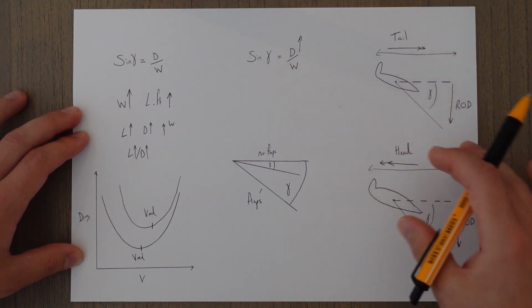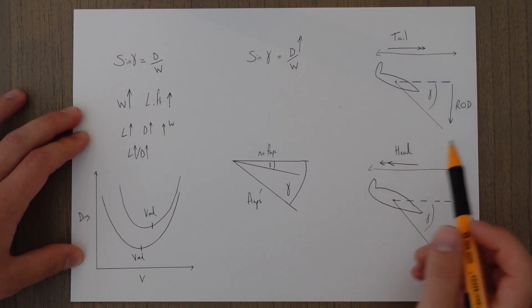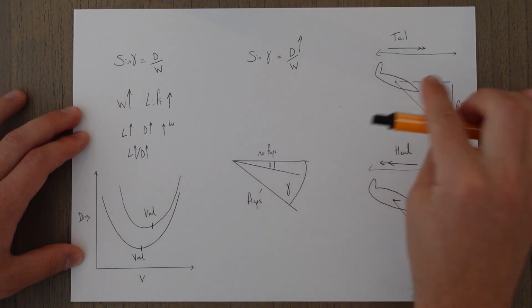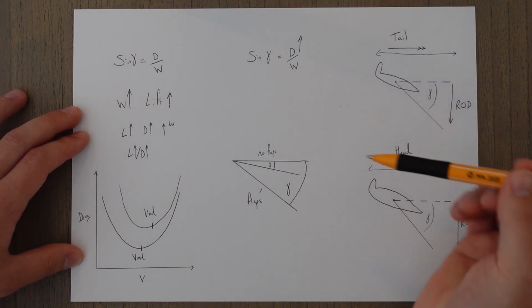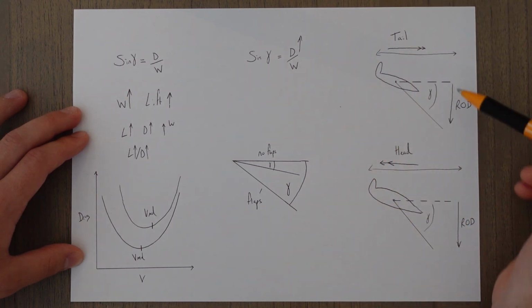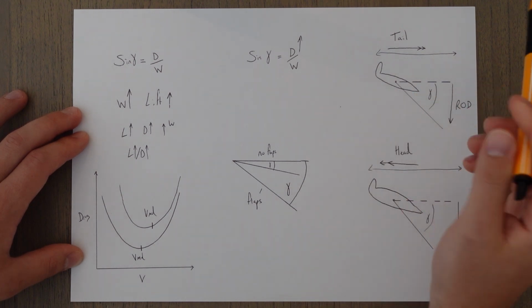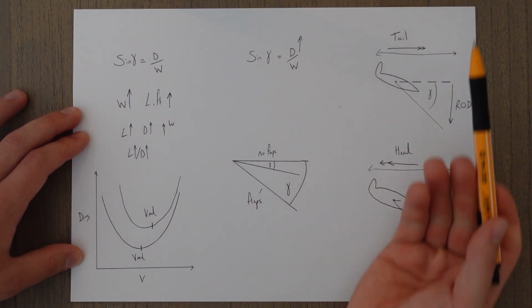Both of these winds, either a headwind or a tailwind, have no effect on the rate of descent. Because they are purely horizontal winds, they have no vertical component that will affect the rate of descent. It's only the horizontal that is affected. The vertical isn't getting blown by the wind at all.